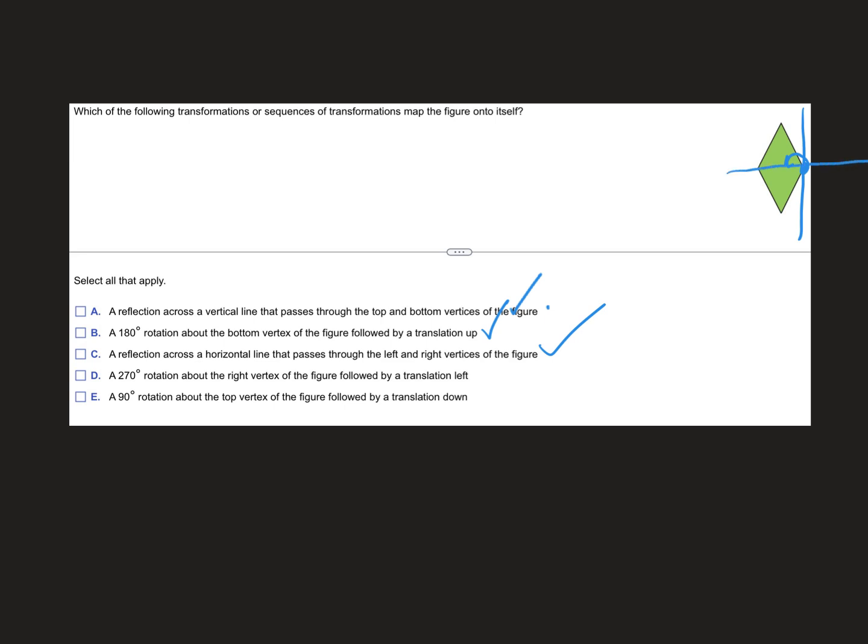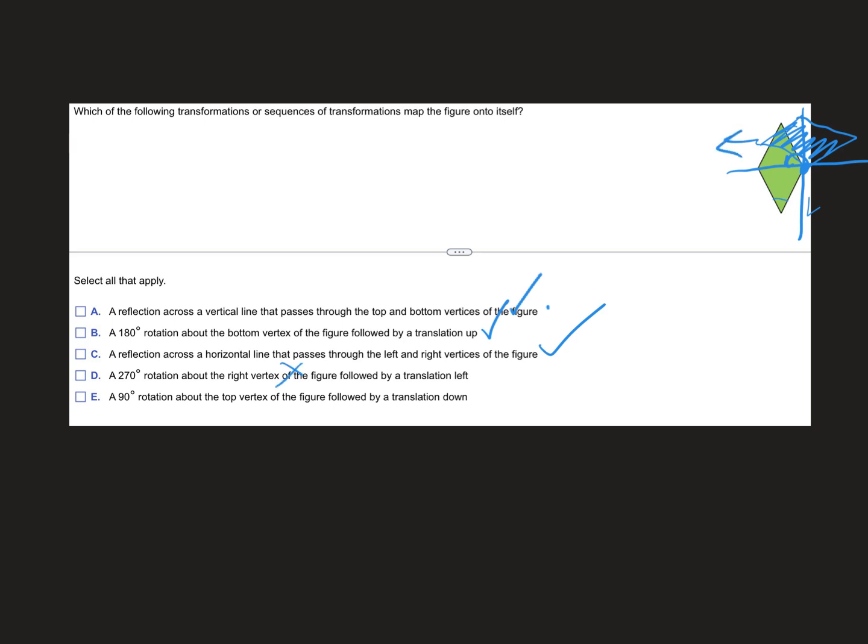Sorry, my iPad glitched. Using this as the rotational point, I'm going to go 270, so I end up back over here. That would be a 270 rotation about the right vertex, and then translate it to the left. That is not going to map.